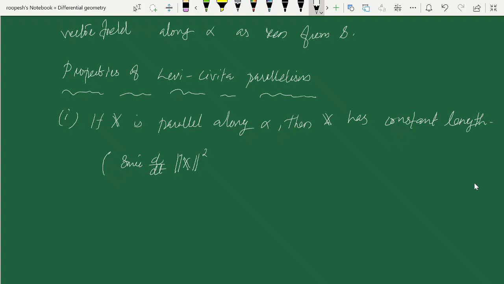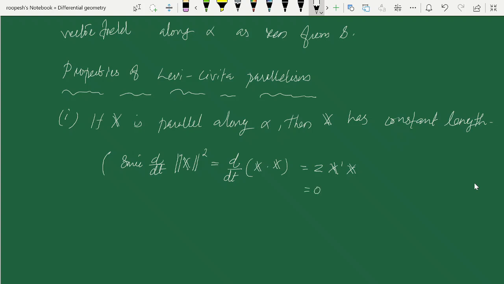This is equal to d by dt of X dot X. When you are finding this by using the product rule, you will get 2 times X dash dot X, and this is equal to 0.